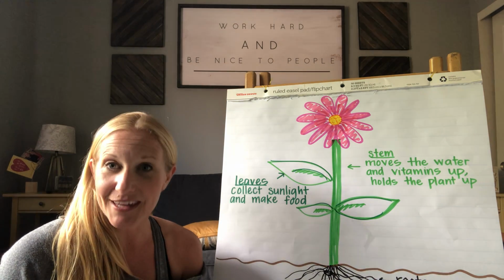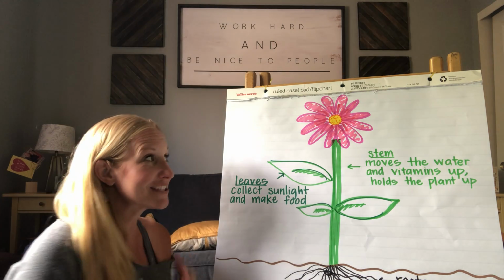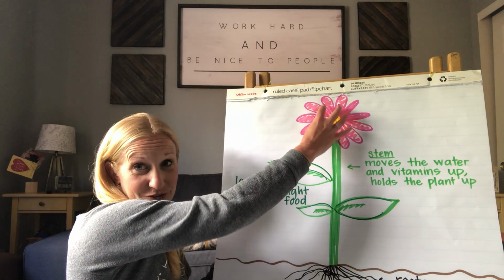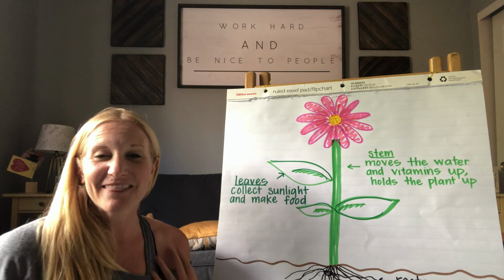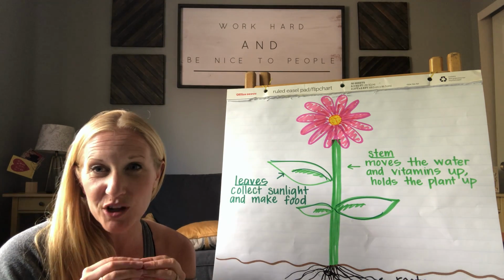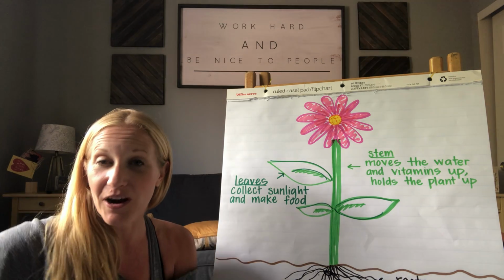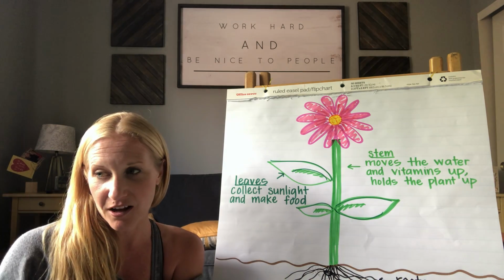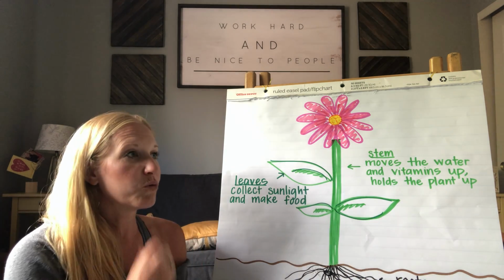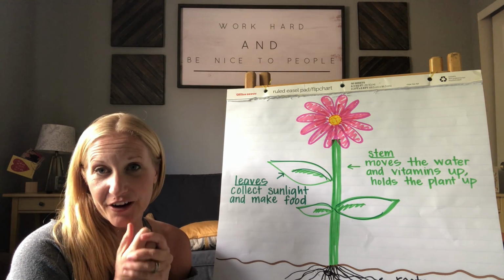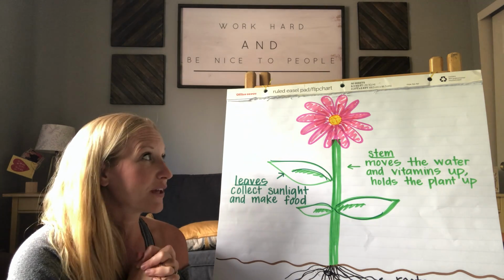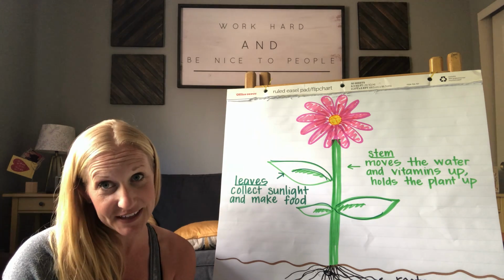So all those bees and those birds and those insects that come and land on this flower, they get that pollen all over them because the pollen's really sticky. And then they travel off to another flower and they leave the pollen on another flower. Well, when those pollens mix together, that's how you can make new flower seeds.